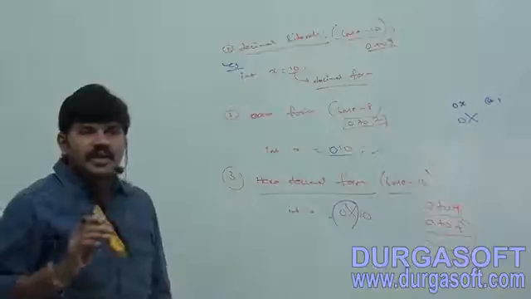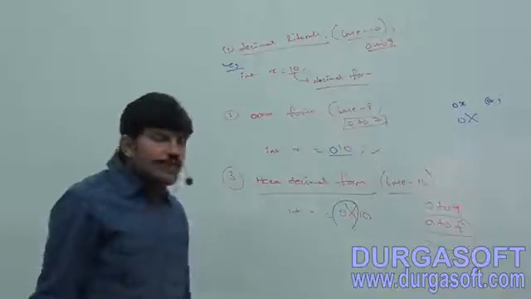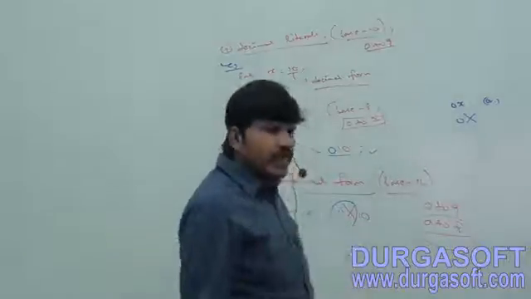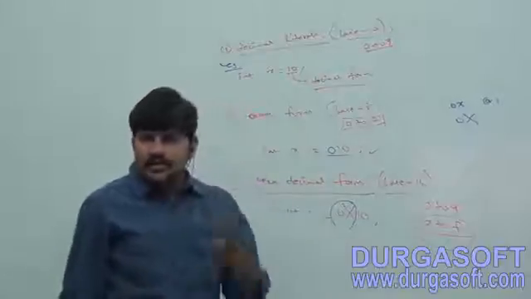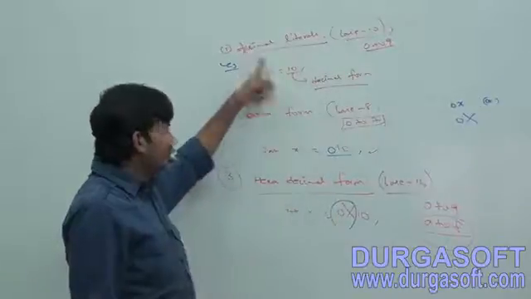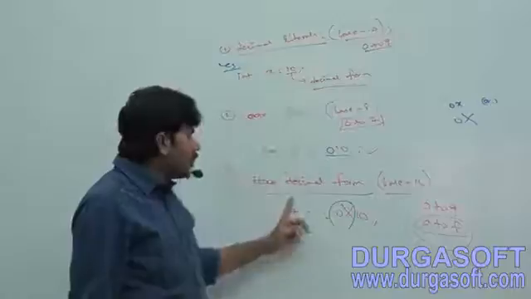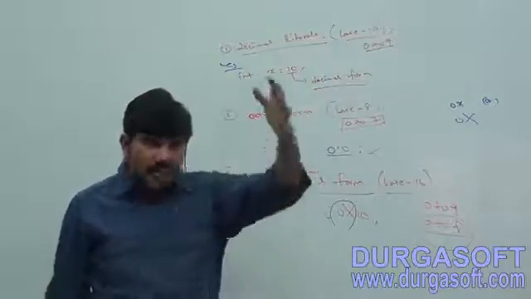So for integral data types, in how many ways can we specify a literal value? Have you observed? Total there are three ways: one is decimal, second is octal, third is hexadecimal.